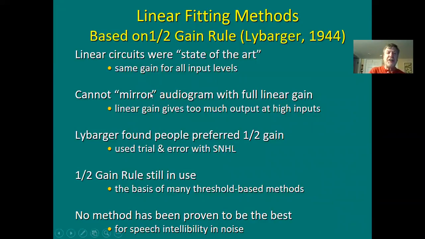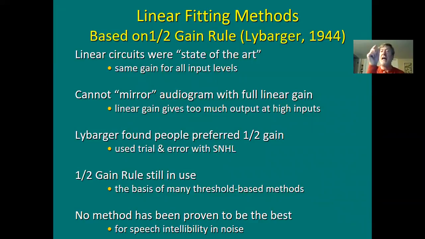We have already said you can't mirror the audiogram with full-on linear gain because you're going to get too much output at high inputs. He found people preferred half gain. In other words, the gain that equaled half the degree of their hearing loss. He used trial and error. And the half gain rule is still the spinal cord behind all fitting methods today.